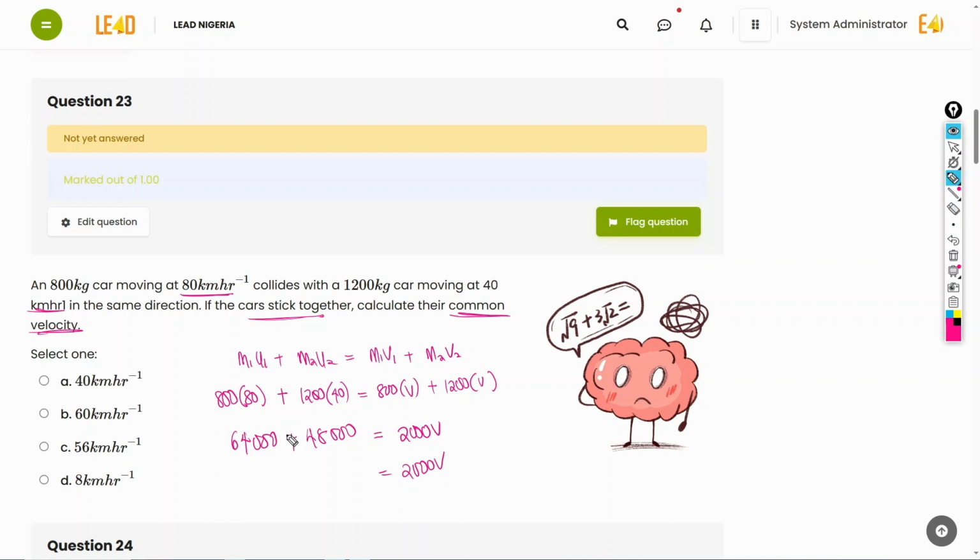That is 112,000. We can divide both sides by 2,000 now because we're solving for v. So v would be just 56. And units same as all others, right? Kilometers per hour. So kilometers per hour, that's option C.